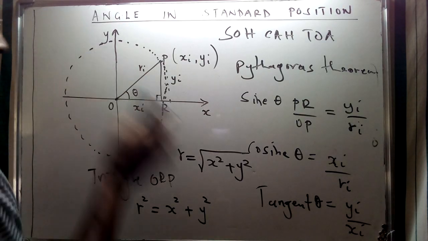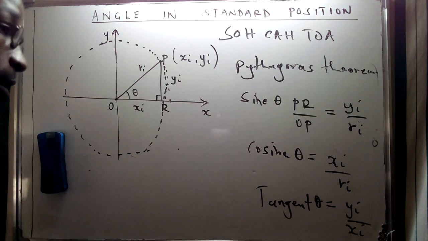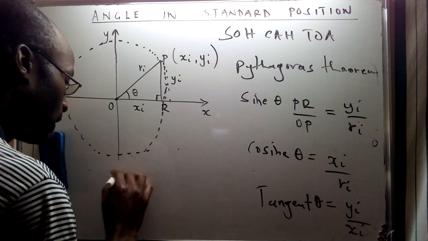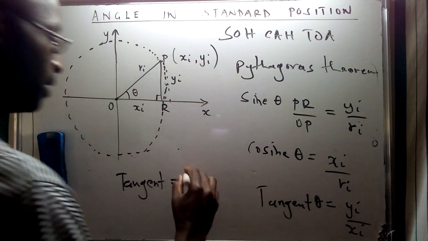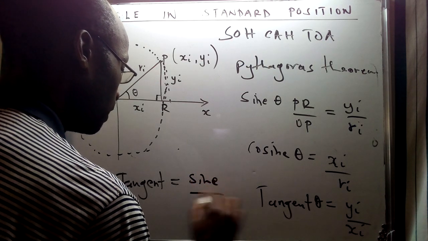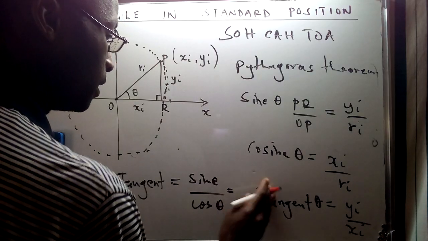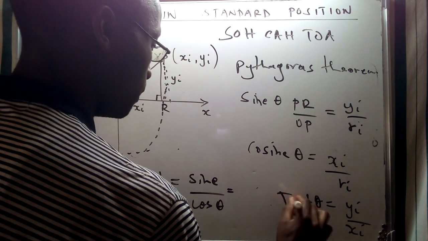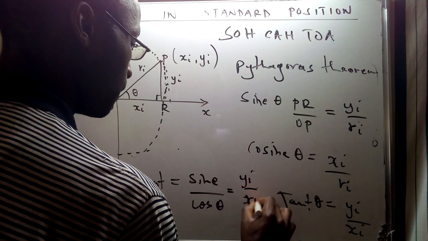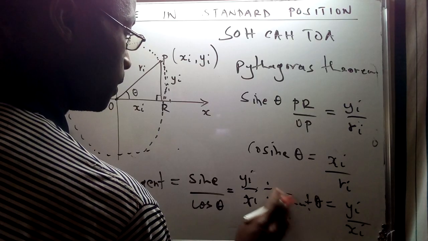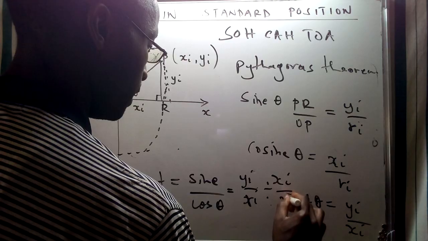And of course, we're going to see later that if you try to have a relationship for these three trigonometric functions, we can define the tangent of theta by dividing the sine of theta over the cosine of theta. So these ratios are going to be given as YI over RI divided by the cosine of theta, which is XI all over RI.